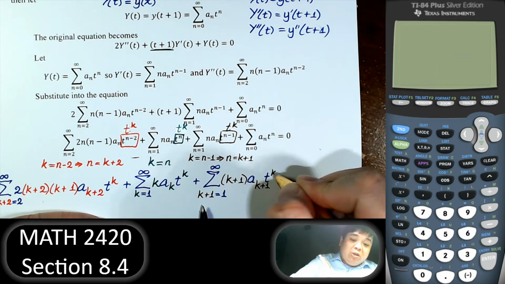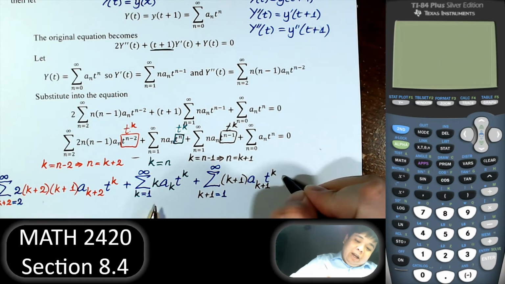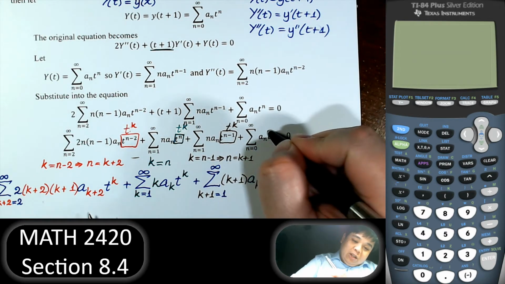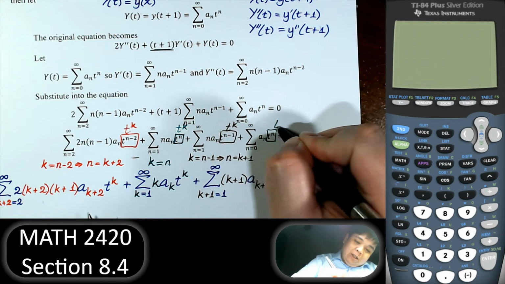So of course we expect to have t to the k. And then finally, this one we also match to t to the k, so pretty much n is equal to k.